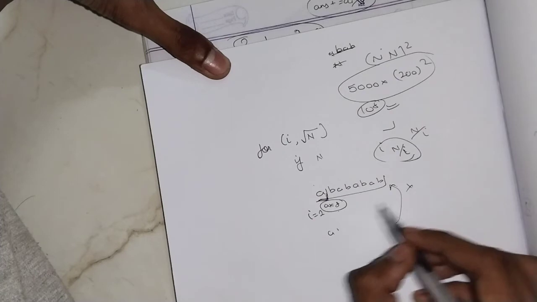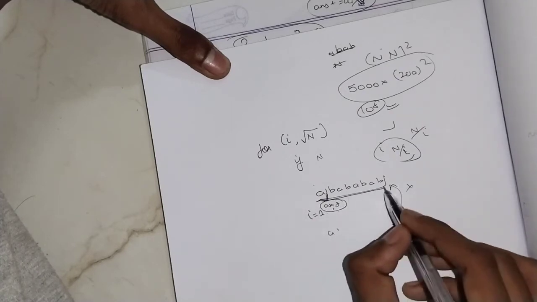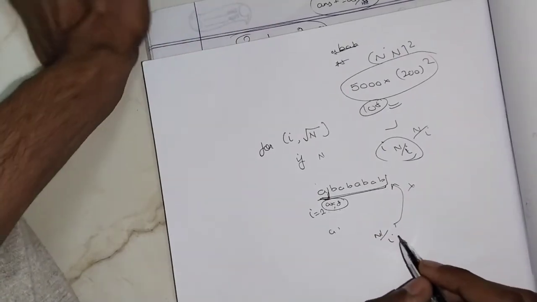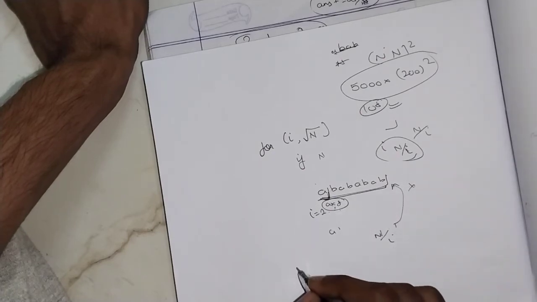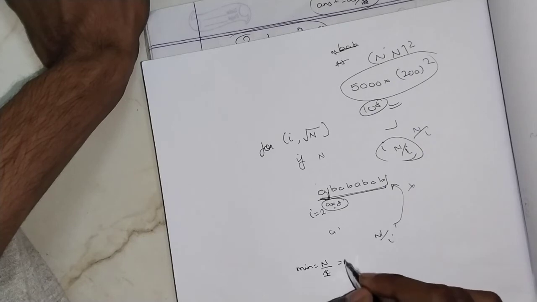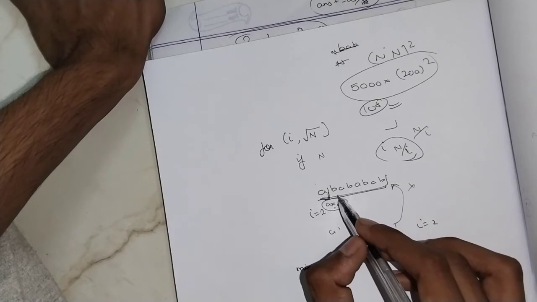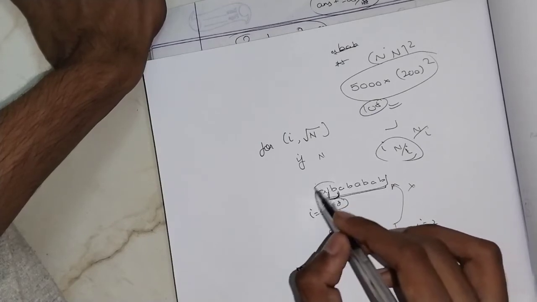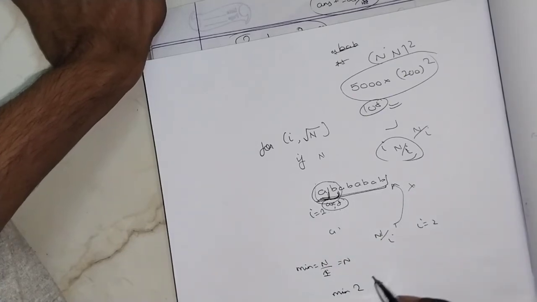This is not equal to the original string, so this won't be our answer. But I can check whether the prefix of length n by I gives me the answer. It does. So our minimum number of steps required is n by 1, that is n. Now when I equals 2, this is AB. I will check whether this string gives me the answer, and it does. So the minimum number of steps required is 2.